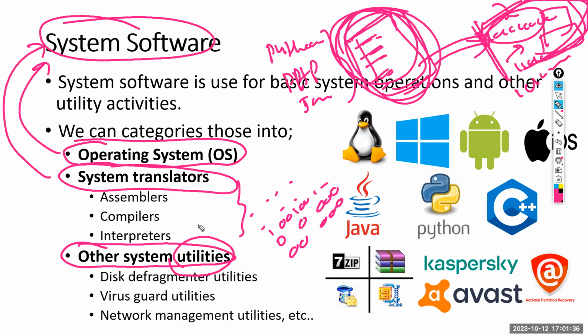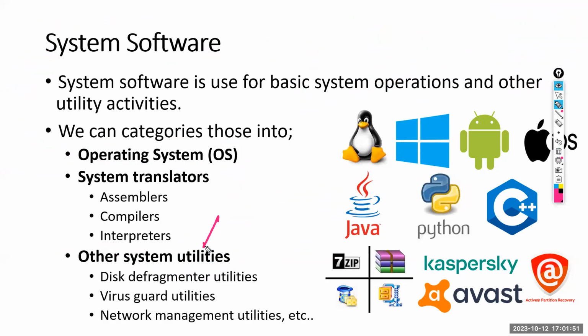So first, try to understand what is meant by system utility. For example, in our day-to-day life, we use some utilities. We use spoons, we use a knife, we use a broom, we use an umbrella.